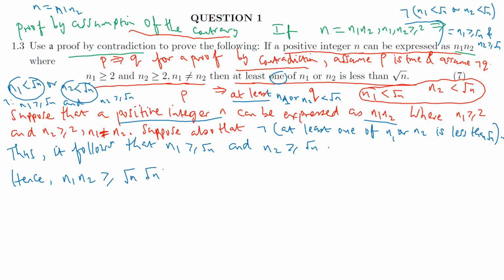Think of any numbers that are positive. The problem can be with negative numbers, but with positive numbers, this follows. And then what is the meaning of this? n1, n2 is greater or equal to n. We can write the square root of n like this, and then you square it, which means n1, n2 is greater or equal to n.